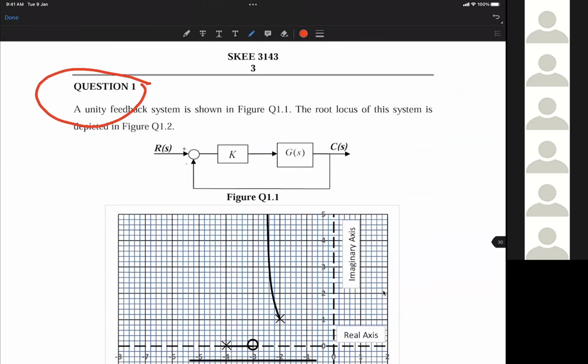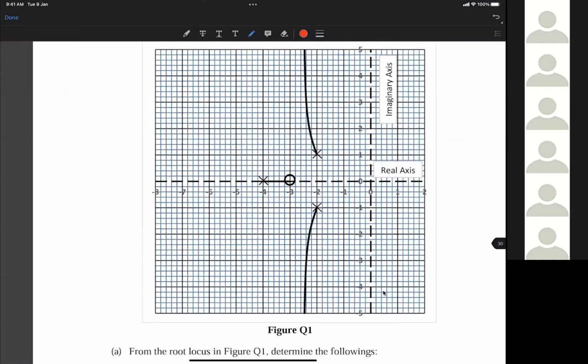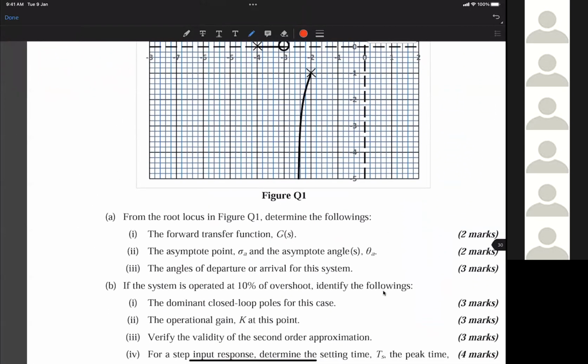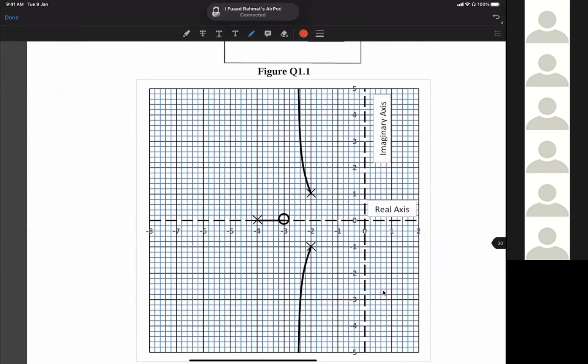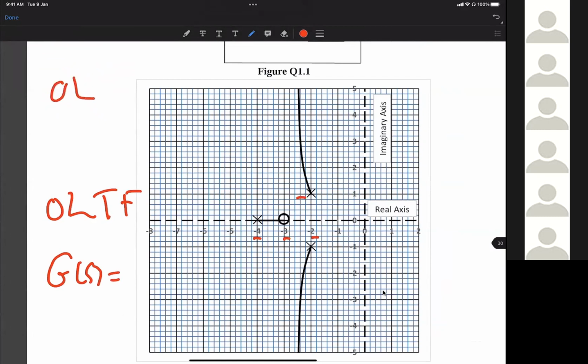Question 1. All right, so from this question, again, G(s) is not given. So what is G(s) here? The open loop transfer function. So we read from the plot the open loop zero and open loop poles.